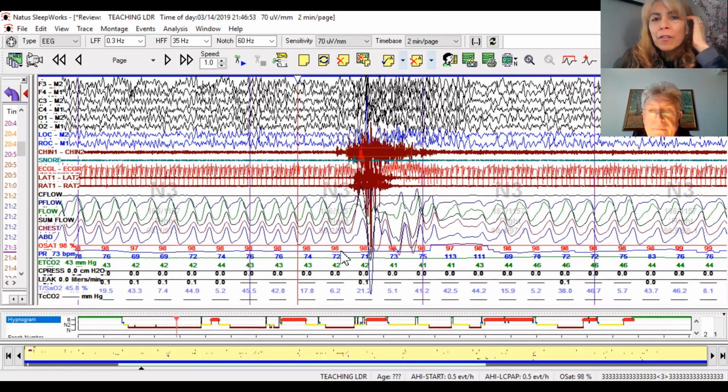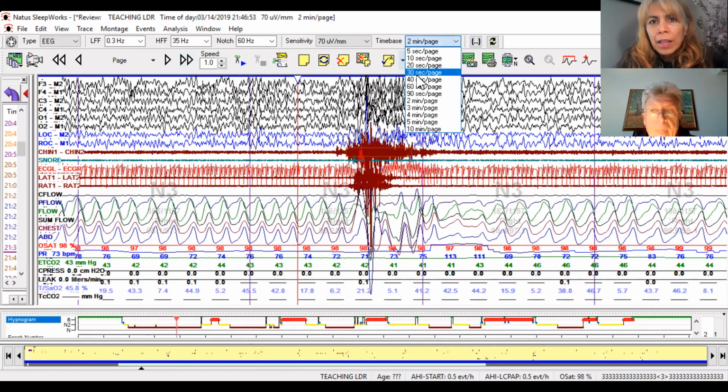This is more of the very classic large muscle movement that I see, very typical of what I see in children, where there's absolutely nothing before in terms of anything suspicious. So we'll go in this one.